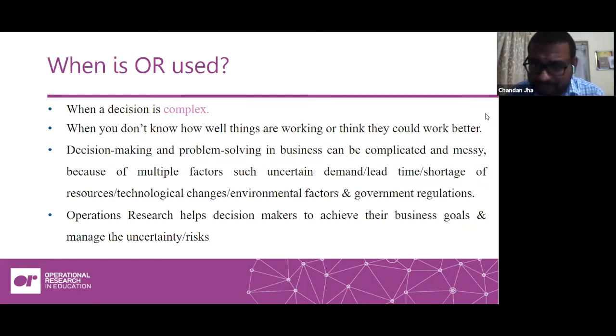While selecting a project, a project manager needs to see all those things: the environmental factors, the availability of resources, the locational factors, the government regulations, which are very crucial in this context, and also the lead time and the demand for that particular product or project in that particular population. All those things are very critical.